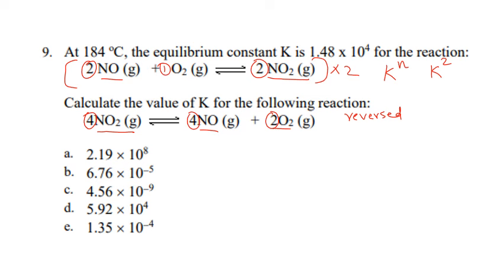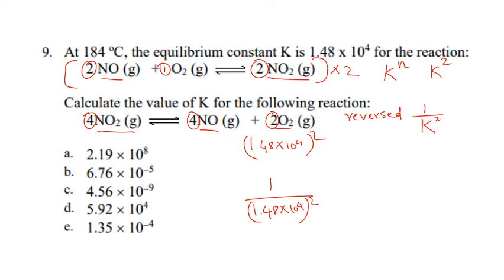And when the equation is reversed, the K value will be the reciprocal. So in this case we can say 1 over K squared. We have the K value 1.48 times 10 to the power 4, so we raise that to the power 2 and take the reciprocal to match the given equation and the required equation.